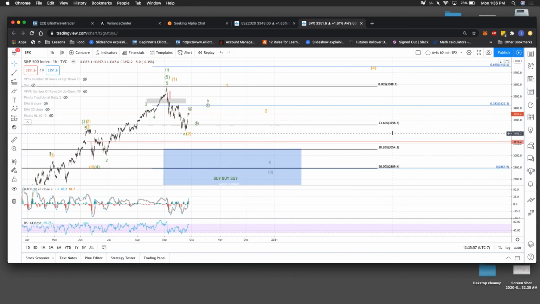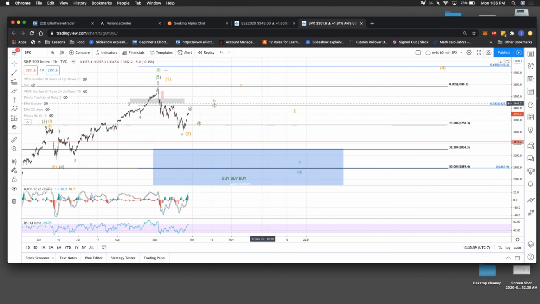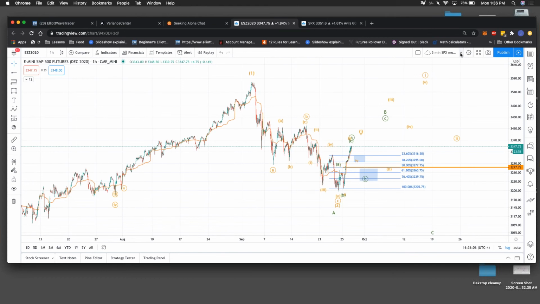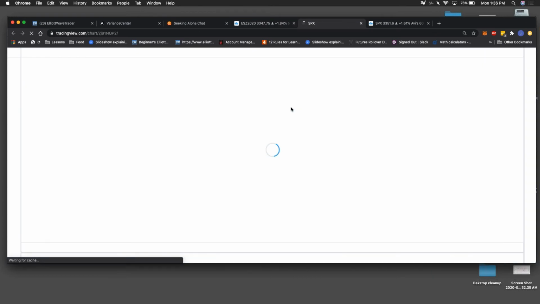It's possible to count it that way. I can count it like so, or let's see here. I'll open up a new chart to show an example of that. I believe I've gone through this before, Mike, but I'll go through it again here.